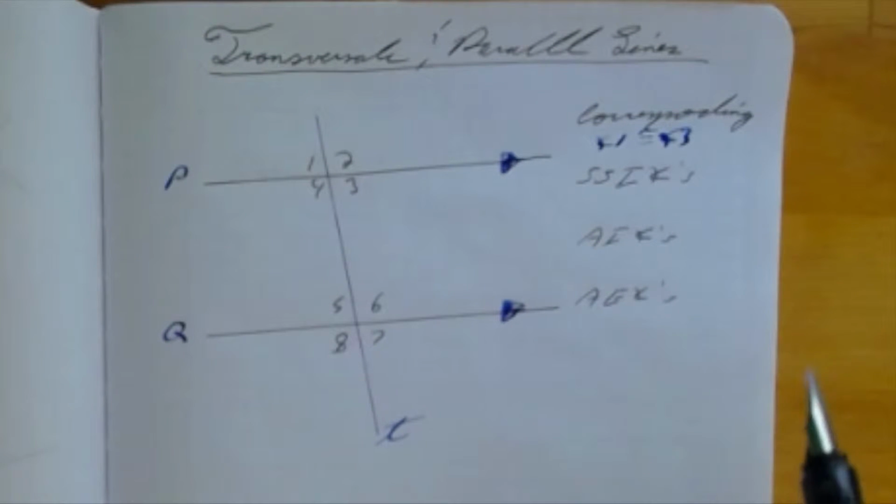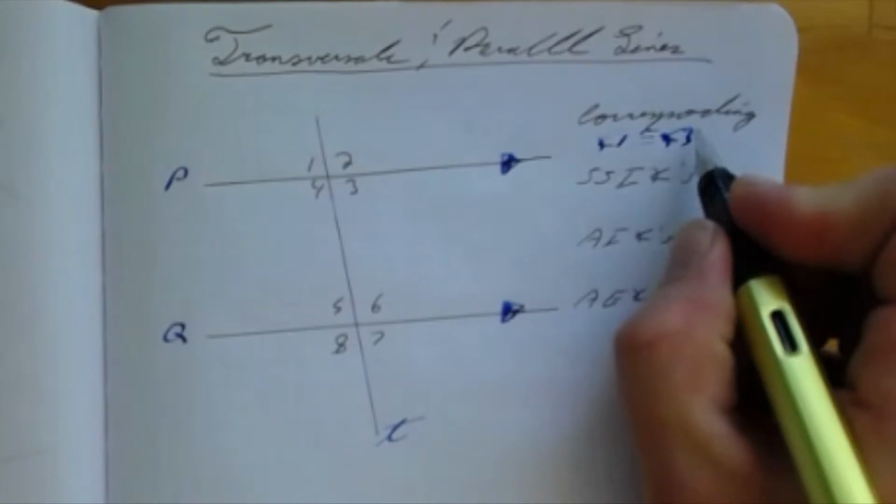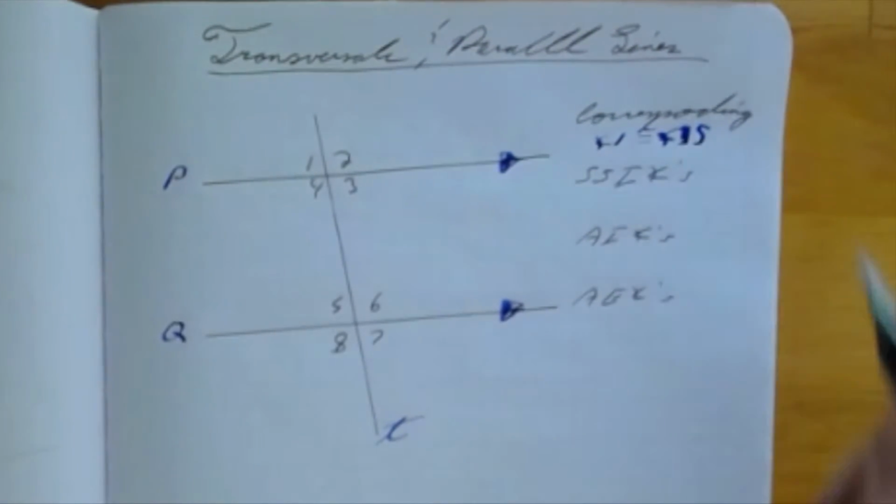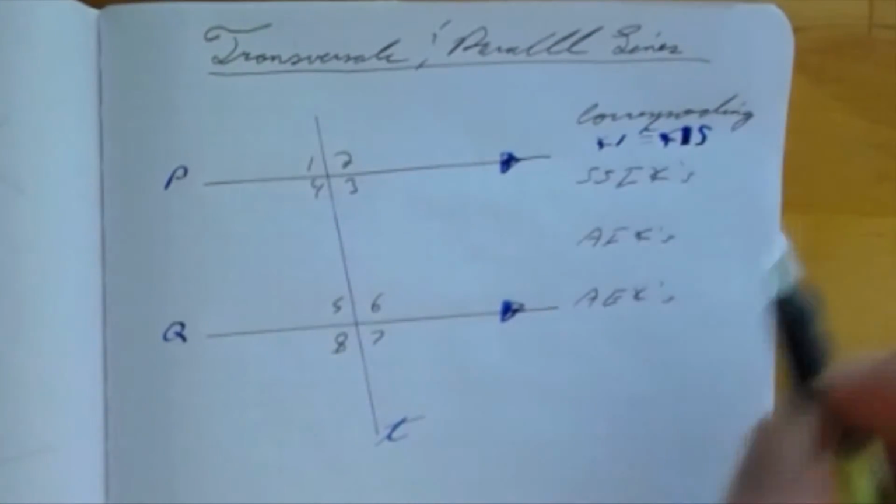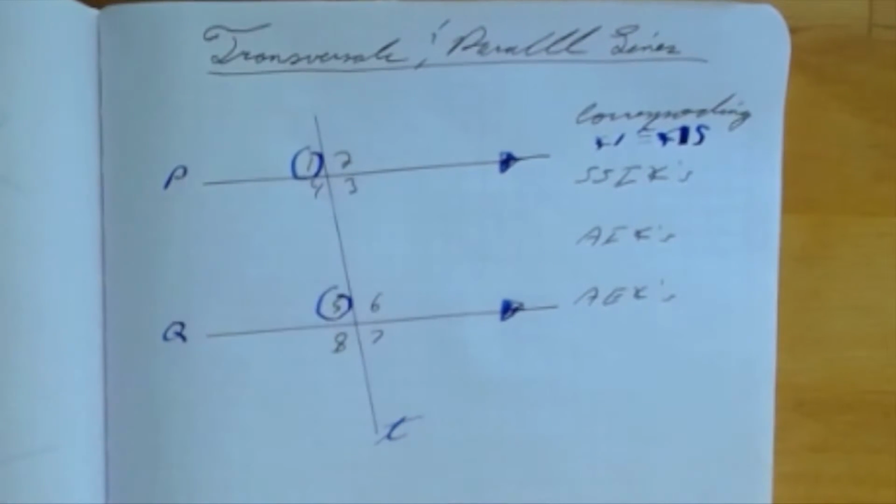And I'm sorry, I misspoke, and for some reason I said 3 and I meant angle 5. We still make mistakes in this world. So when they're corresponding in position, like angle 1 and angle 5, they're called corresponding angles. They have the same general location to each other.